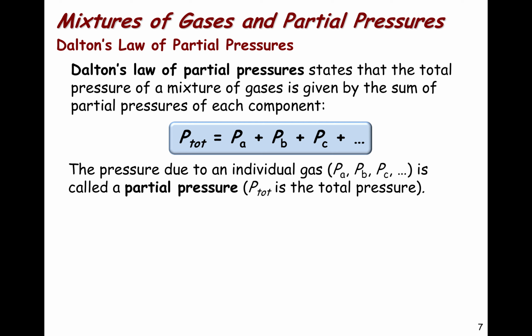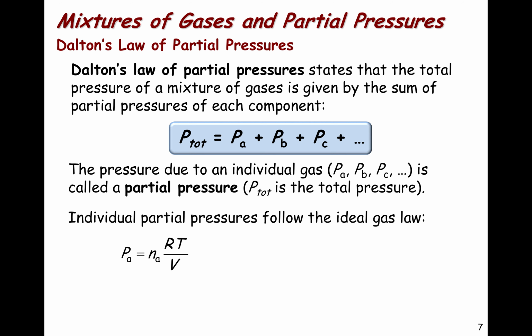So in the case of the ideal gas law, we can rearrange it to solve for the pressure, and that gives us P is equal to n, the number of moles, times RT over V.